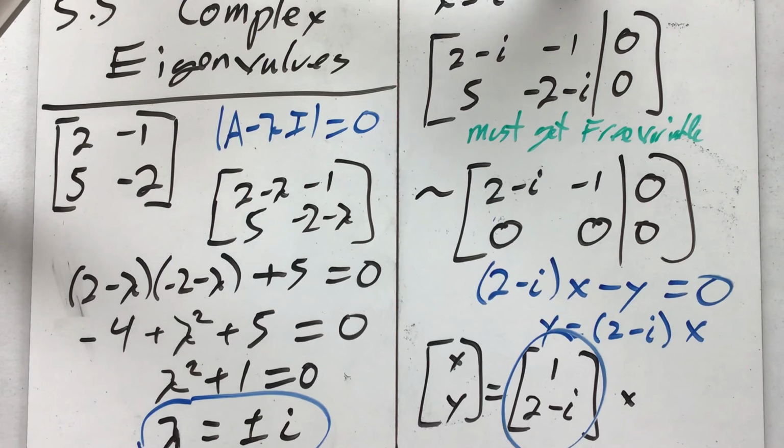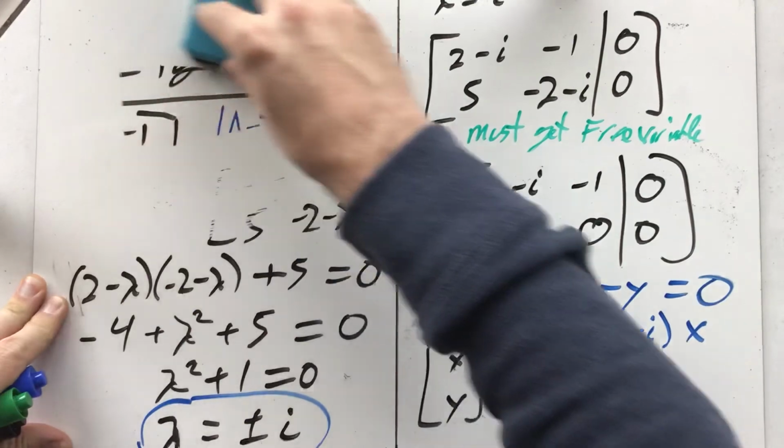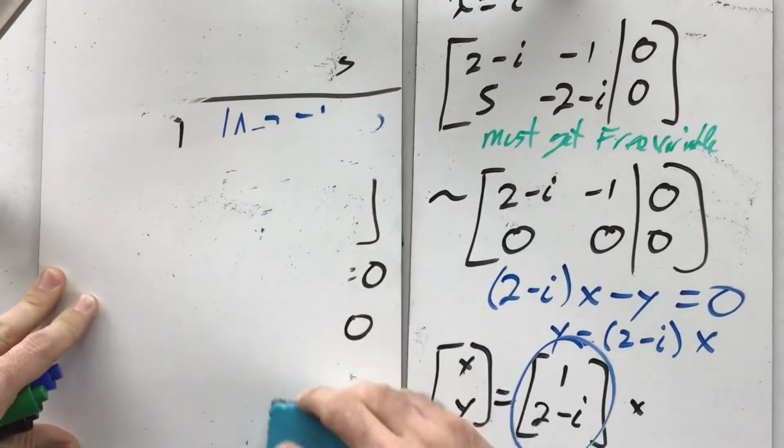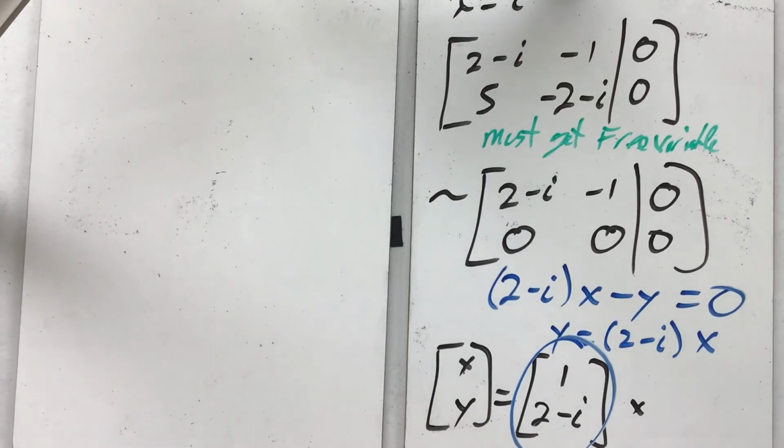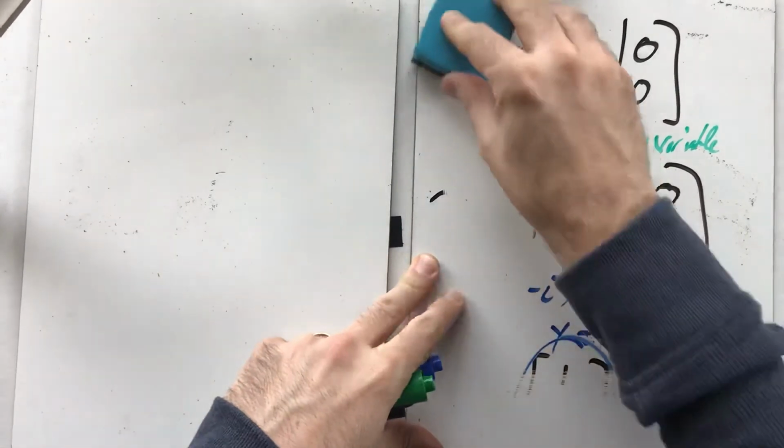Well, what can we do with this? We can find the complex eigenvalues and complex eigenvectors. But what I want to do is something similar to this PDP inverse thing that we had going on. Let's think about that for just a minute.